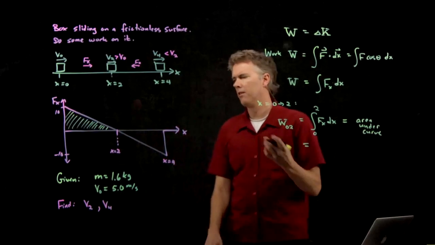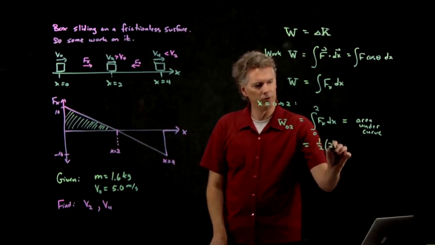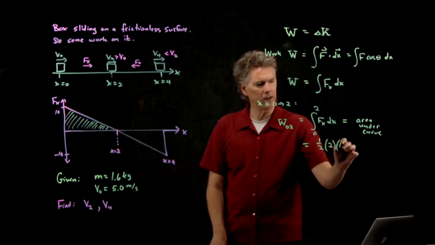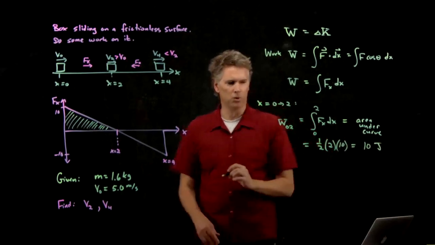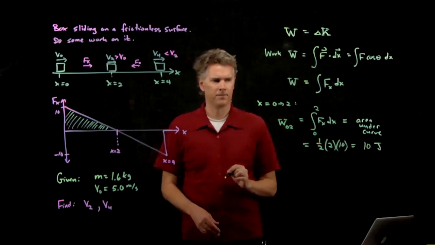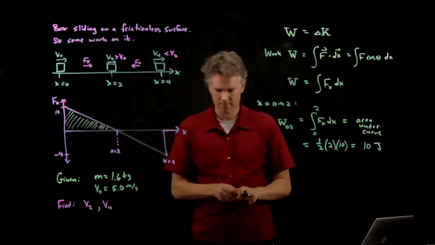So it's half the base times the height. So it's 1/2 the base, which is 2, times the height, which is 10. And so we just get 10 joules. That's this first part right here.